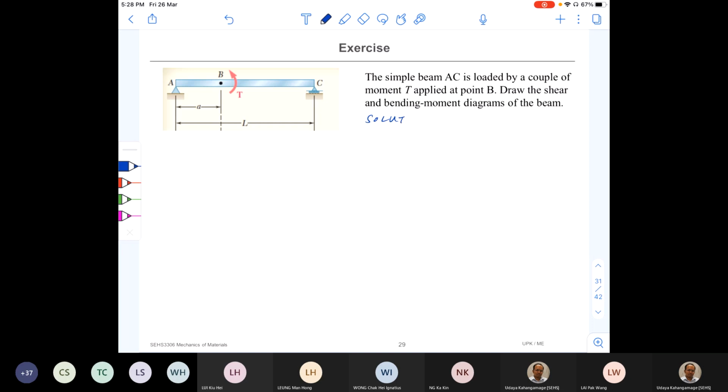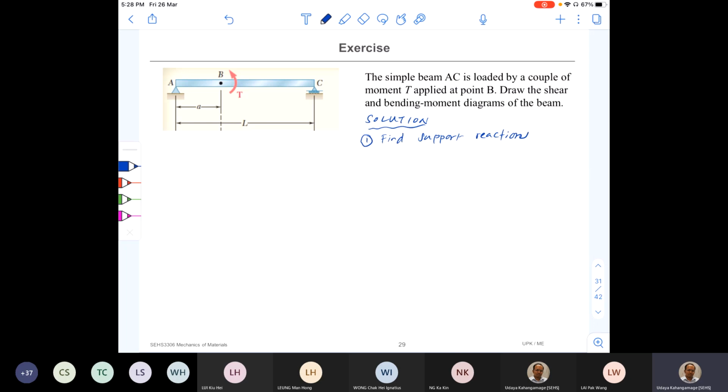Solution. What is the first step? You see whether we need the reaction forces. In this case, we need the reaction forces, right? So first thing, we need to find the support reactions. So for that, we need to draw a free body diagram.